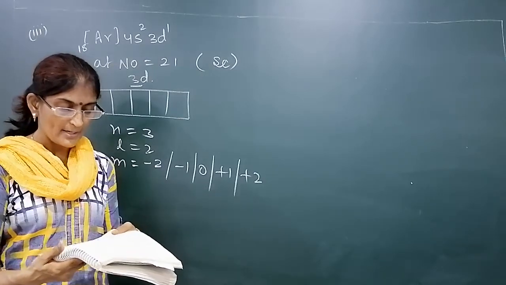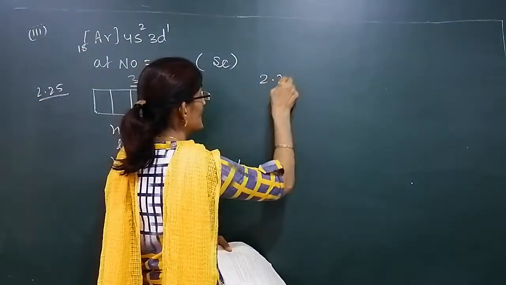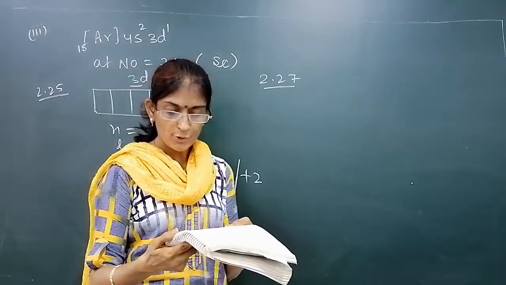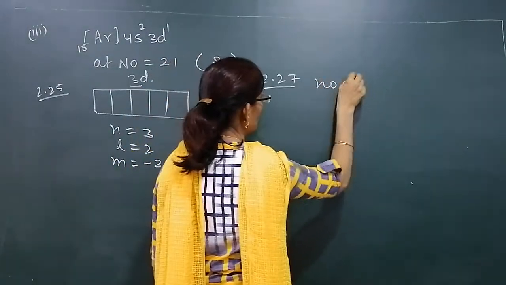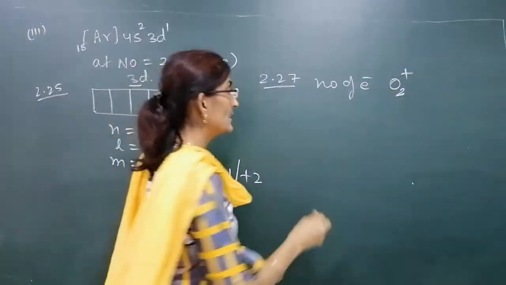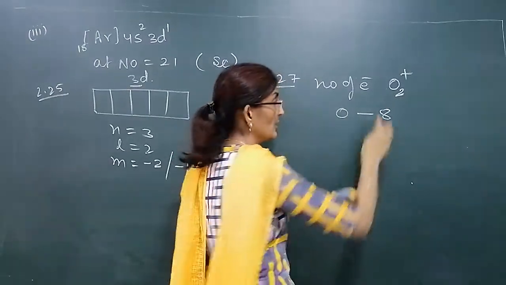Next question is question number 27. Rest all you do by yourself. Give the number of electrons in species O2 plus. We know that atomic number of oxygen is 8. So in one atom 8 electrons.